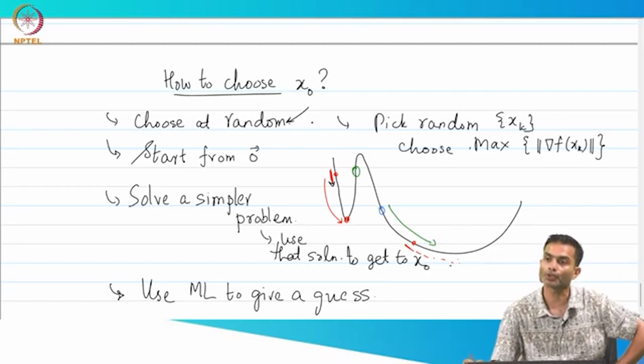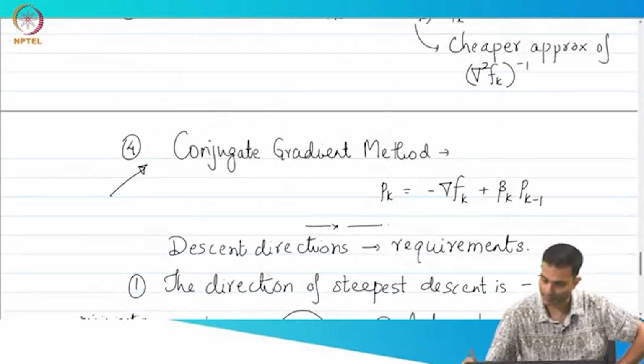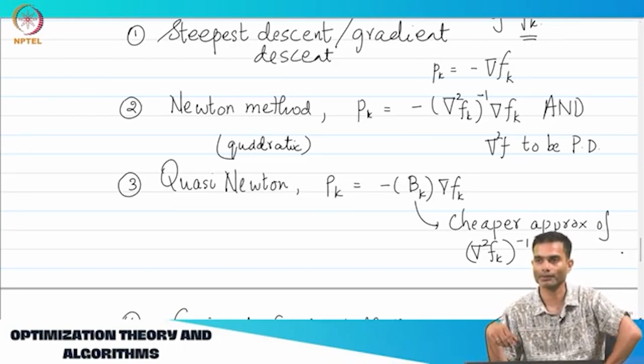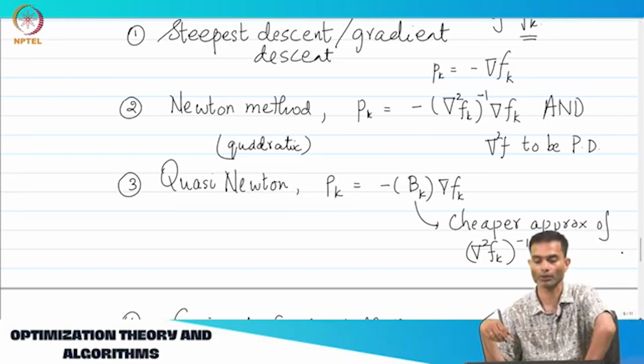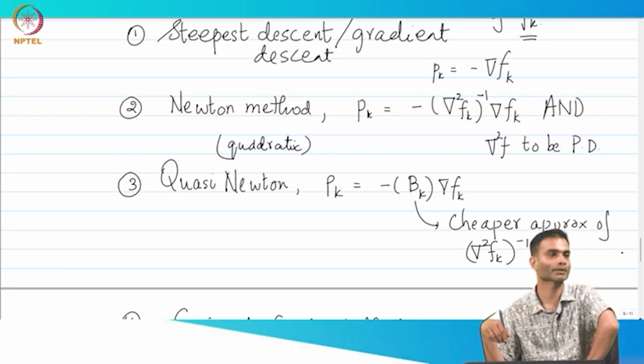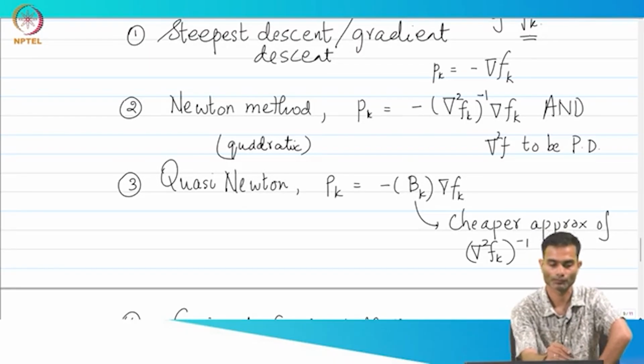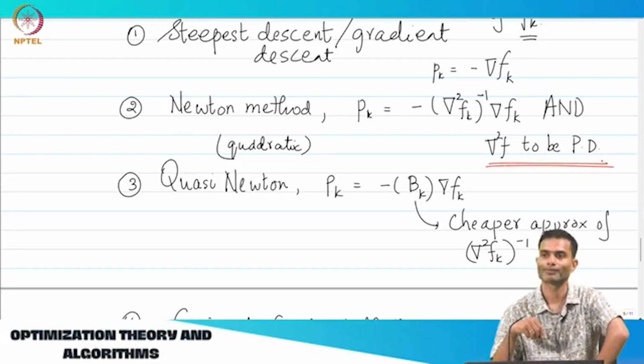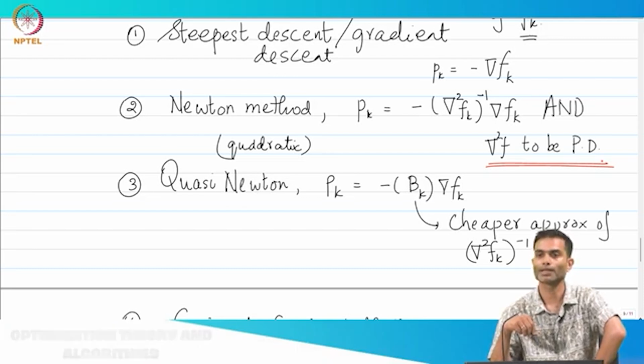Why can't we use it for non-convex functions? Ah, good question. The question is, let's talk about the Newton method. Why can't we use the Newton method for non-convex functions? Can someone answer that? Right? For a convex function, I know that the Hessian is positive semi-definite at least.